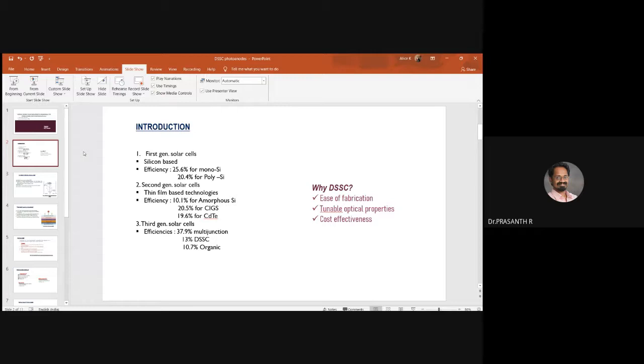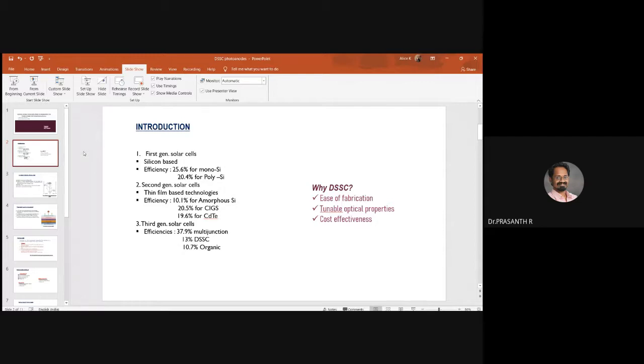So, why do we have a particular interest in DSSC? As we know, DSSC is a technology that can be used to produce electricity in a wide range of light, both indoor and outdoor. And it could enable the user to convert both artificial and natural light into energy in order to power a broad range of electronic devices.